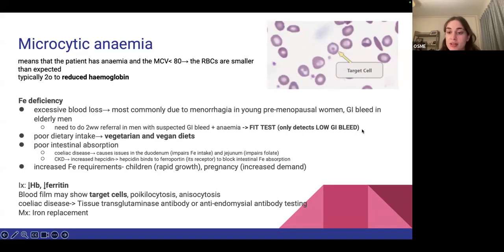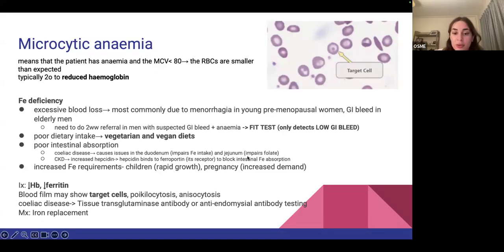So if it's an upper GI bleed and the blood is digested, a FIT test won't be useful. If the question stem mentions vegan or vegetarian diets and there's a microcytic anemia, it's iron deficiency. It can also be caused by celiac disease, where there are issues within the duodenum which prevent iron uptake.